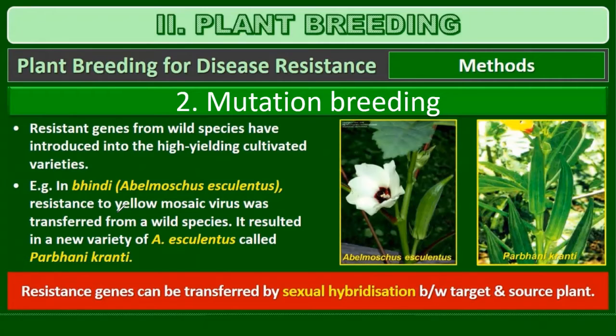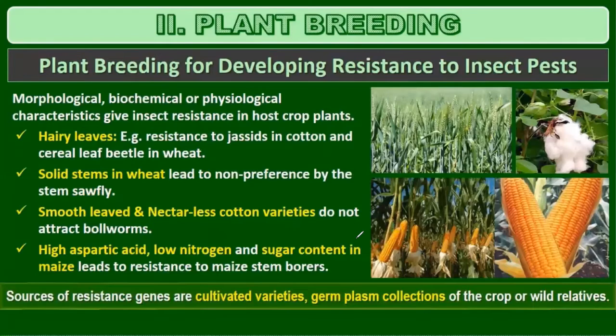When it was introduced into the new variety from the wild type, it gave rise to a new variety of bhindi, and that is known as Parbhani Kranti. Resistance genes can be transferred by sexual hybridization between target and source plant. So this is how mutation is helpful to create disease-resistant plants.